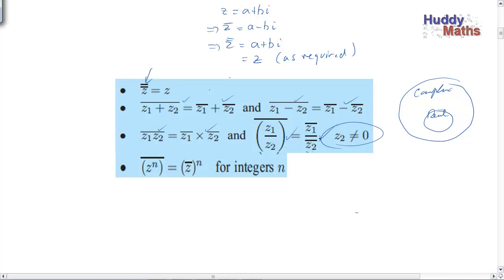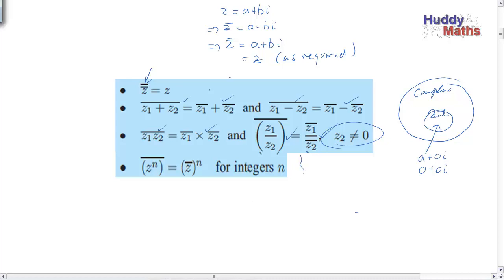So the complex number z2 could be some number plus naught i, or it could be naught plus naught i, and that would just be zero. So reals are complex with no imaginary part, aren't they? So you could think of it like that.